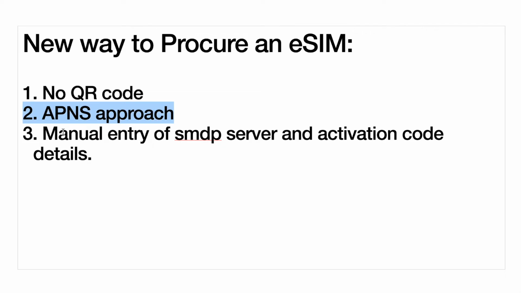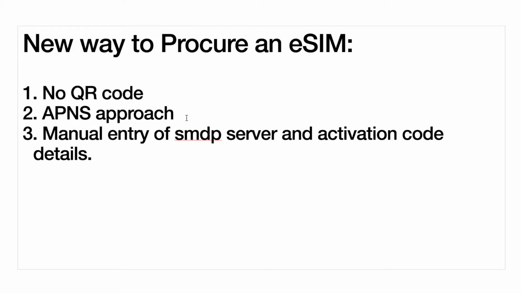So if not a QR code, what they are doing is taking this APNS approach, which is nothing but Apple Push Notification Service. This is applicable for Jio users using an Apple handset, that is, an Apple handset with a Jio SIM card.